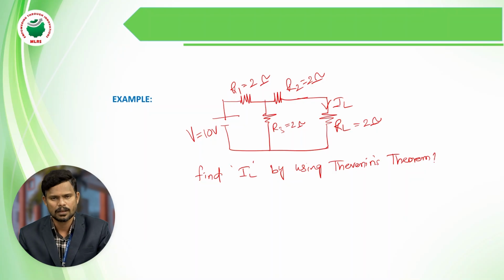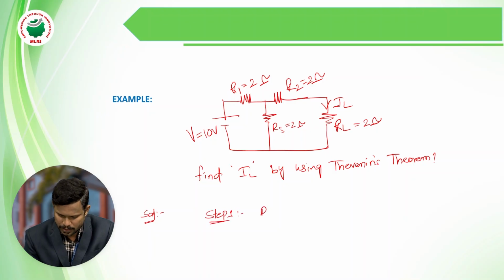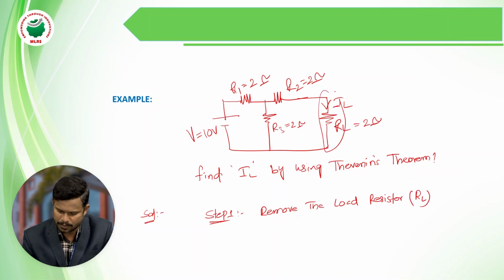For this, we follow the procedure and we solve for the load current value, that is current flowing through the resistor RL. For the solution, step number 1: first of all, we remove the load resistor RL. That means this resistor is removed in the circuit.